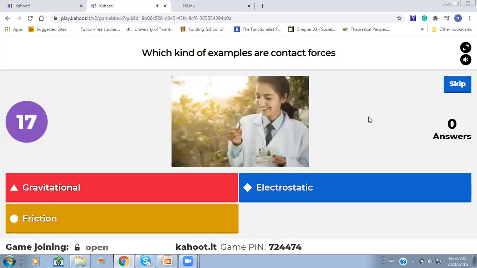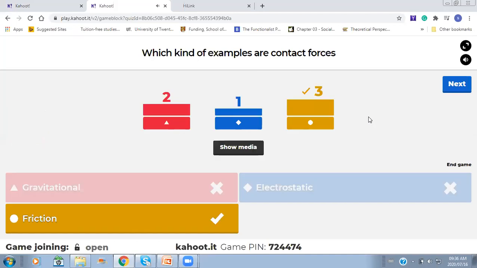Which kind of examples are contact forces? All right, so let's see. So this friction is a contact force.